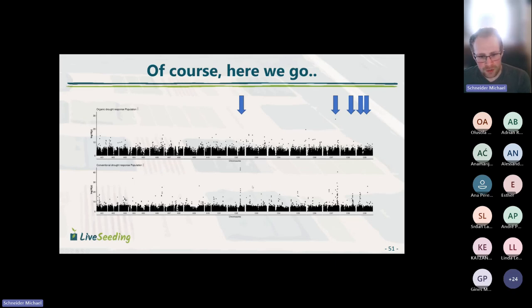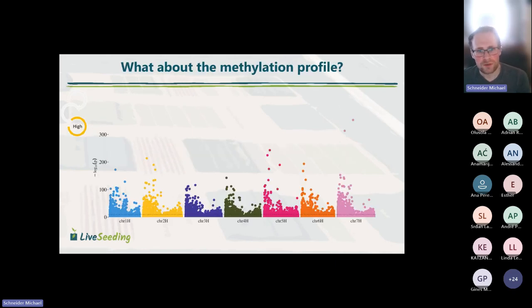So besides that, I also want to highlight this fact about this methylation profile, because this is also part of the genotype, and we can also extract some probability scores from this methylation profile when, for instance, we are comparing two different populations, such as these populations organic versus conventionally managed.